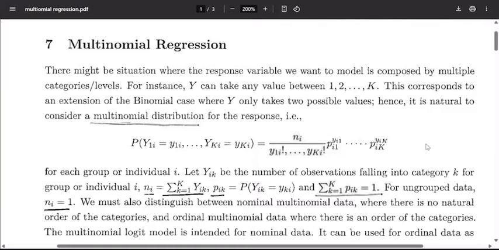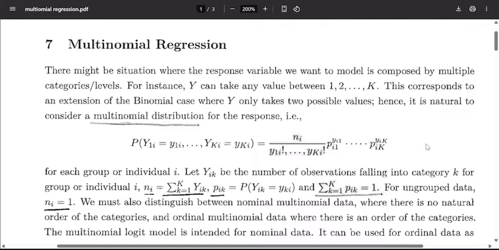In a binary logistic regression model, we have two levels. But in multinomial regression, it means we have more than two levels. The response variable is categorical here, but we have more than two levels.